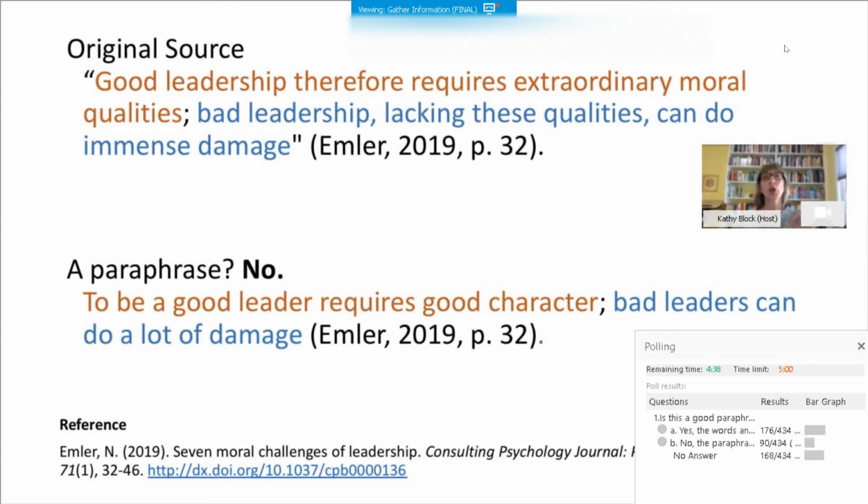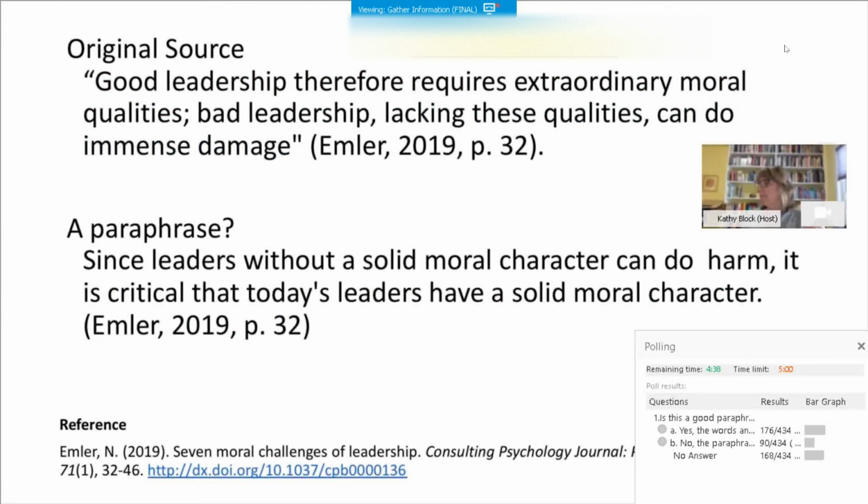It's like the person who wrote this paraphrase was looking back at the original source and just changing a few things. They weren't really thinking about the idea, digesting the idea, and writing it out in their own way. Let's look at one more sample paraphrase.